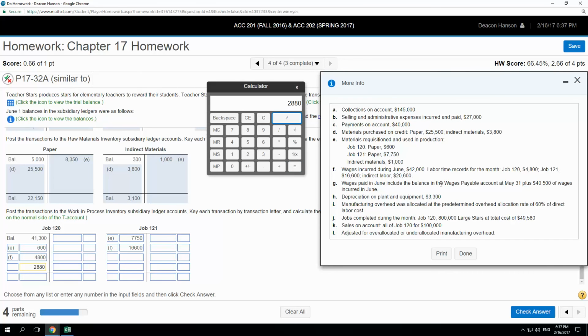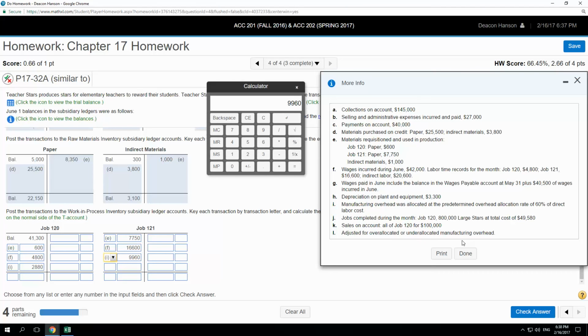So it says that's going to be item I. And then for job 121, I'm going to take 16,600, which is the direct labor from item F, and multiply by 0.6. So 9,960 is allocated.